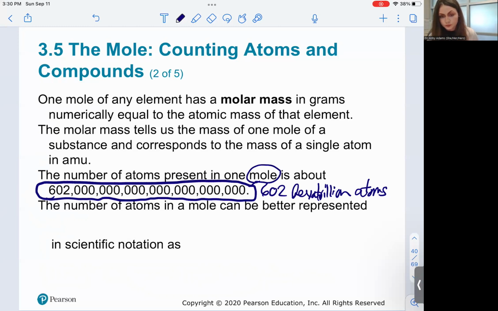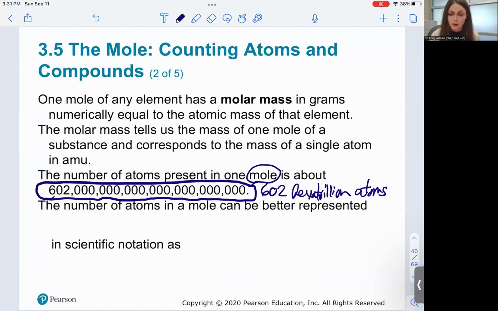And so when you're considering what molar mass is, the mass of a mole, the atomic mass is going to matter, because the mole is made of atoms. That's all this slide is trying to tell you.